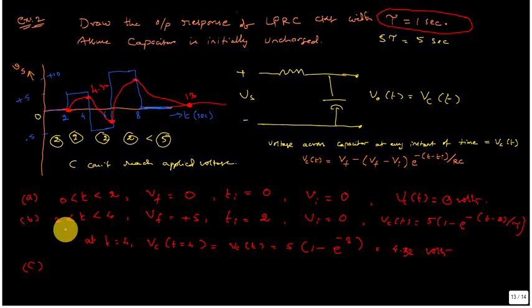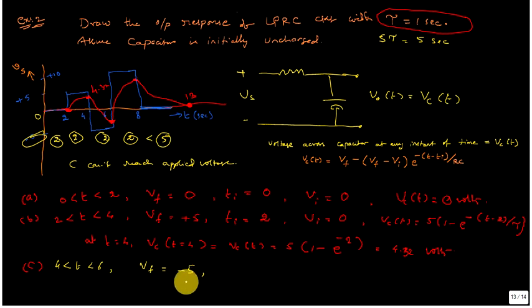Next, the third case. The third case is when the time is between 4 to 6. Vf, the applied voltage, from 4 to 6 means you are applying minus 5 volts. So the final value the capacitor can charge towards is minus 5 if you apply it for an infinite amount of time.